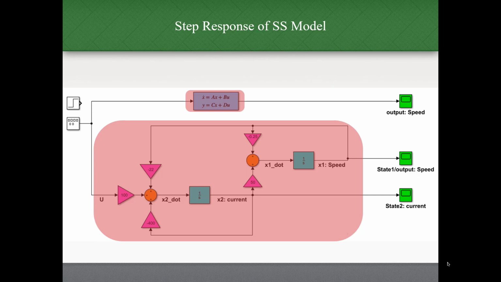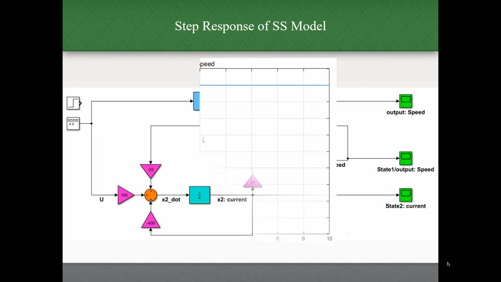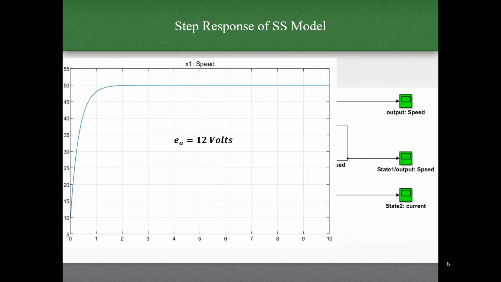I normally prefer the second one because I can see the states much better than the first one. Here in this model we can set the input voltage as 12 volts and see how the speed of the motor changes over time.